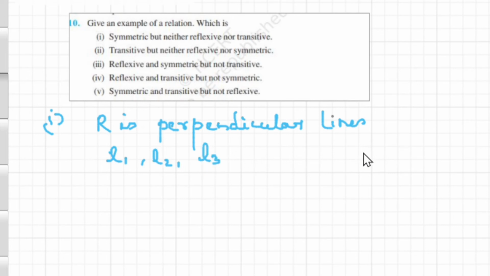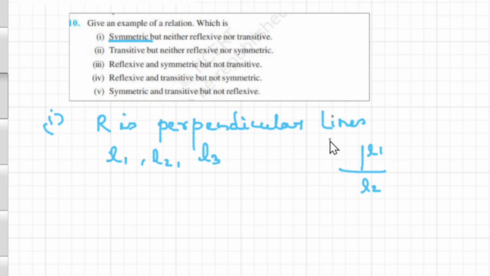You see, L1 and L2 are perpendicular. If we reverse, L2 and L1 are perpendicular, so it is symmetric. Symmetric is satisfied. But a particular line L1 is not perpendicular to itself, and likewise L2 is not perpendicular to itself.